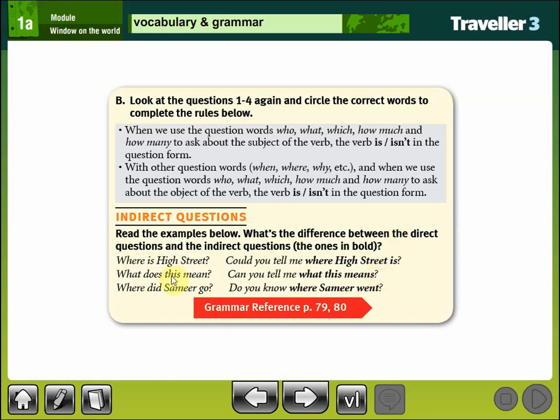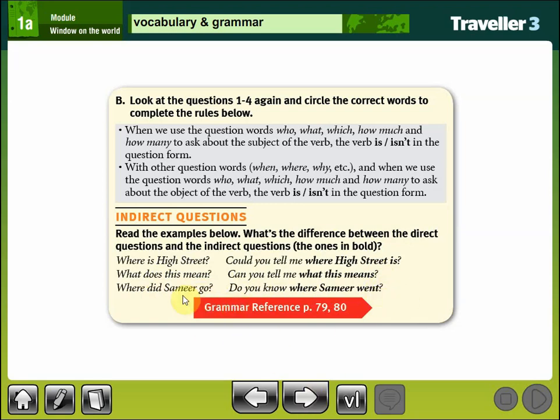The third example here, where did Samir go? Look, it changed. Do you know where Samir went? Instead of saying did, then go, we changed it. We changed the verb here, which was after the subject Samir, into the past.